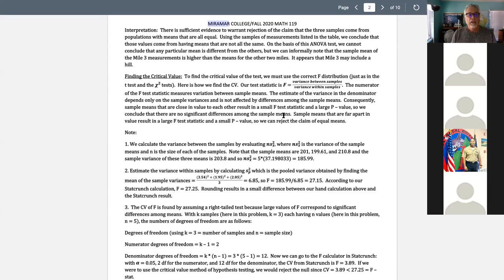K is 3 in this case: the 3 loops, mile 1, mile 2, mile 3. If we have a large spread in the sample means, that gives us a clue that we have a low p-value. We're way out in the right tail of this distribution, and we will reject the null hypothesis.